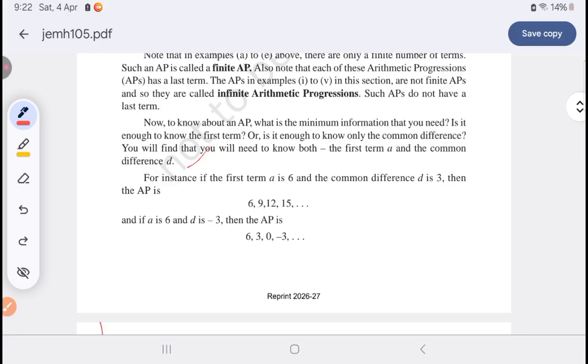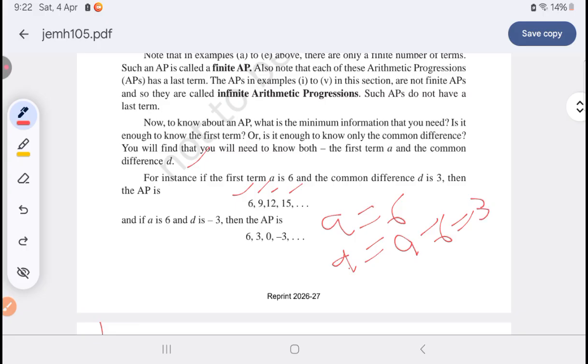Let us take an example: 6, 9, 12, 15. Here a is 6, and the common difference between two numbers, the second number minus the first number, 9 minus 6, is 3.